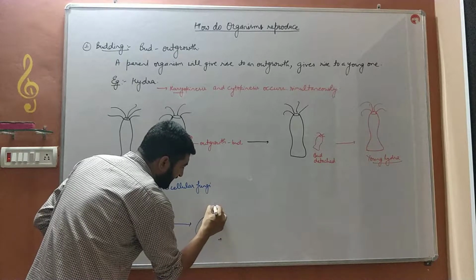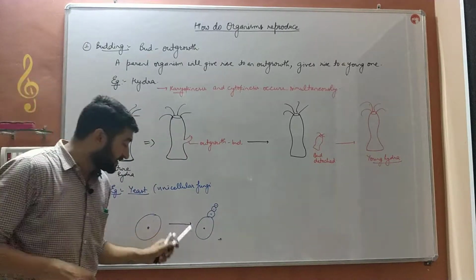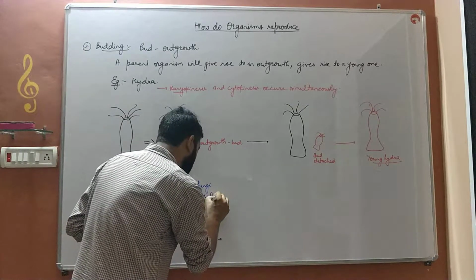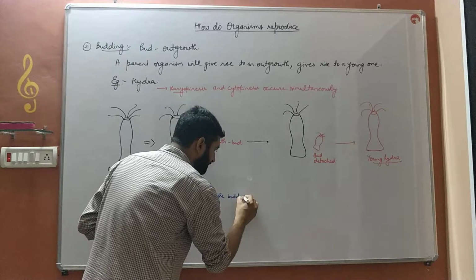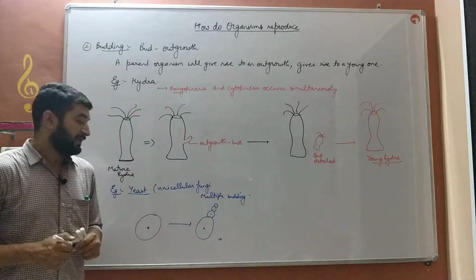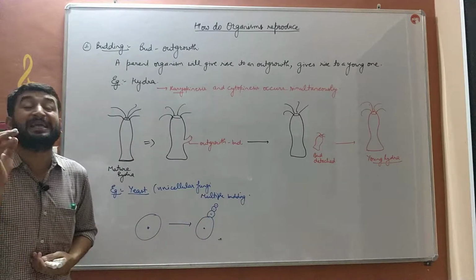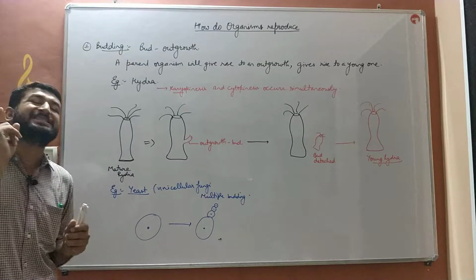That bud will further give rise to a bud, and so on. This kind of budding is referred to as multiple budding. In this way, the nucleus and the cytoplasm divide simultaneously, at the same time.